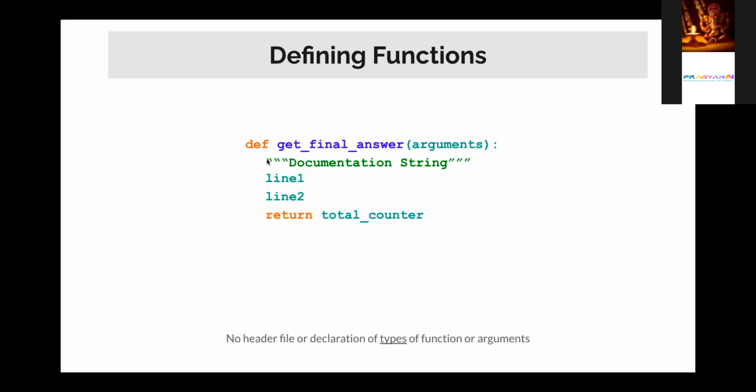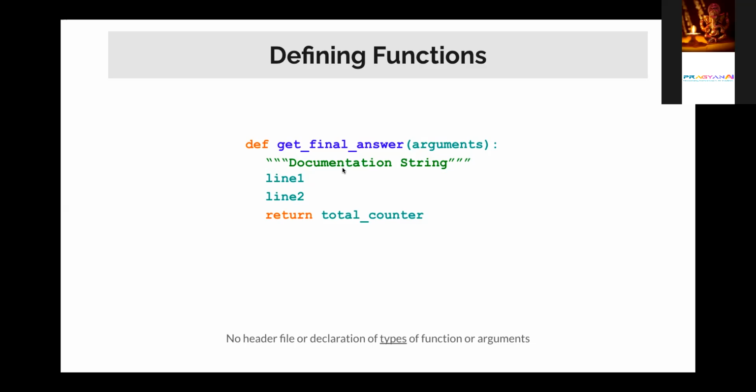Within that, if you see here, there is a triple quote and then another triple quote. What is this triple quote? I said there is a single line comment and a multi-line comment. Here, whatever you are trying to do in this function, under the triple quotes, is called a documentation string.